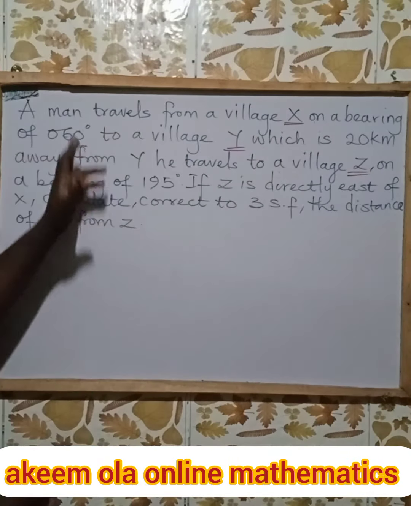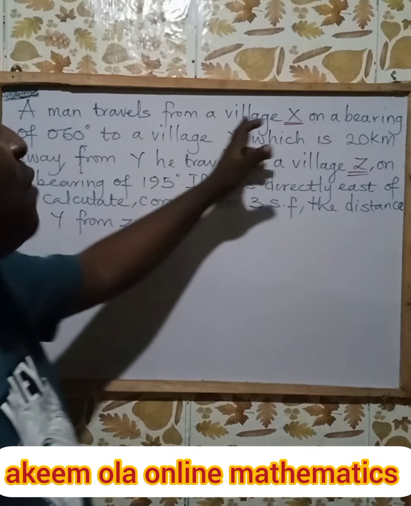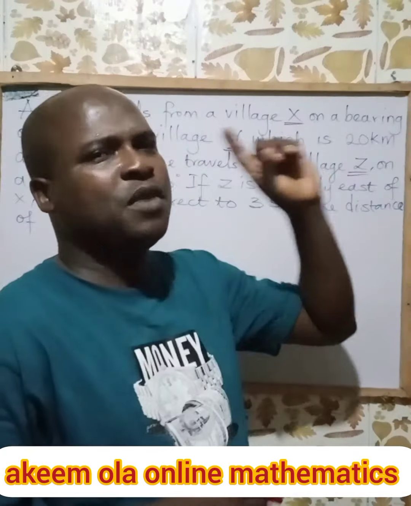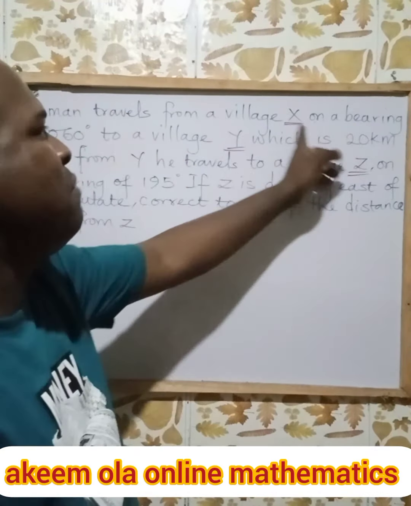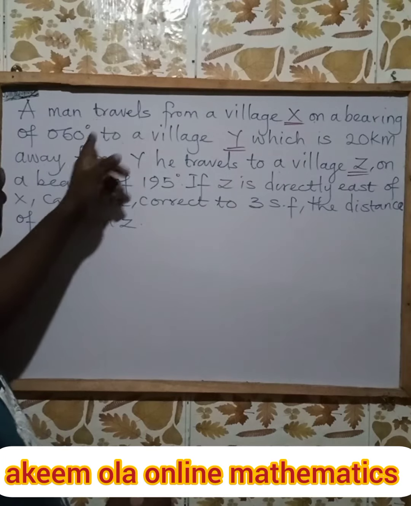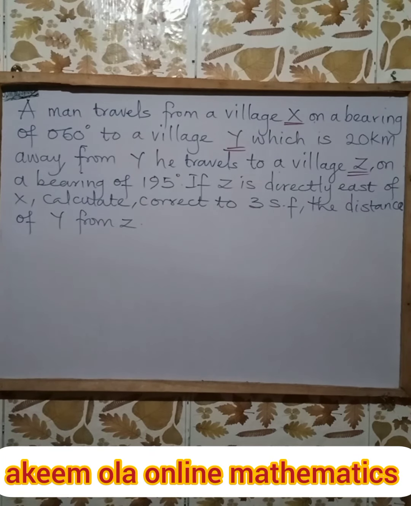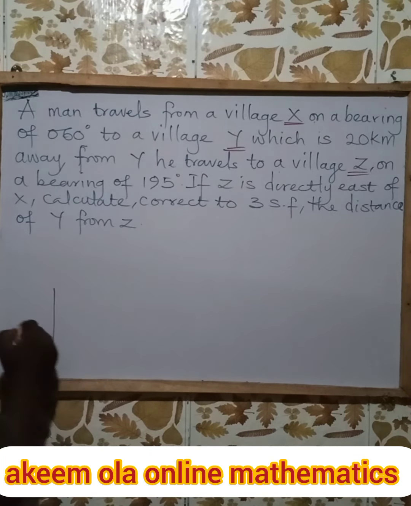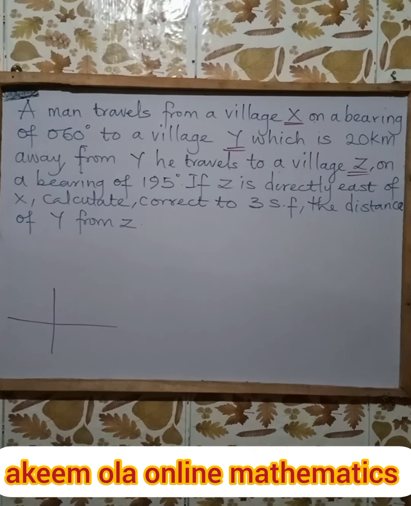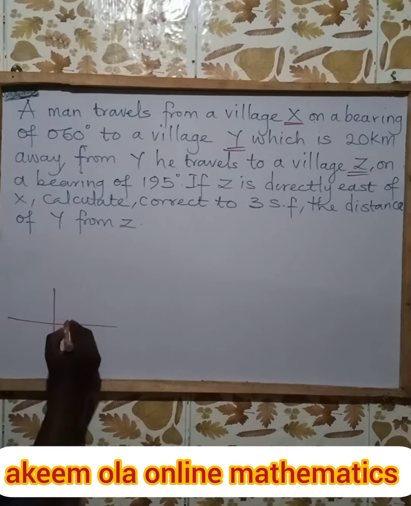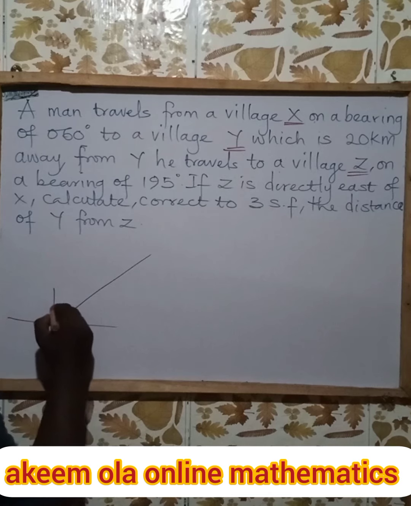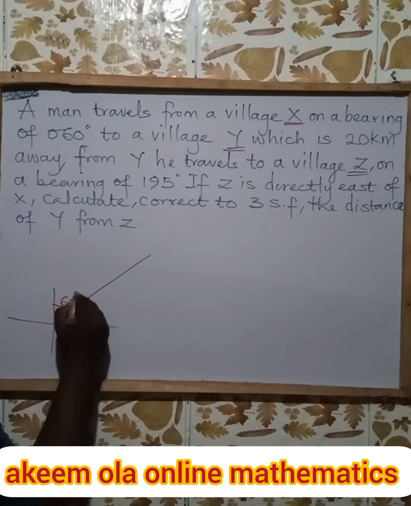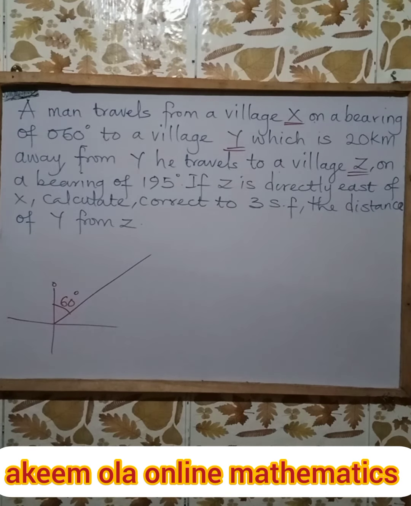Now, I have a man who traveled from a village X on a bearing of 060 degrees. If I'm to draw that, that means we have something like this. From village X, I am going to have something of this nature. My 60 degrees will be here, and don't forget your starting point.